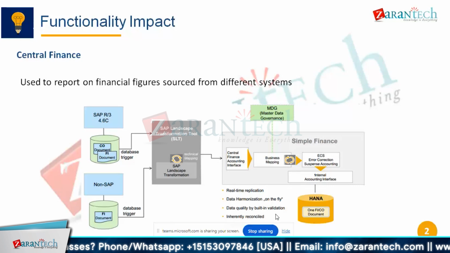So this is not required. Simple finance concept, central finance concept is not required. Data is getting transferred through SLT, system landscape transformation. This is a completely different concept, and central finance is not a part of our training scope. This is just for understanding.